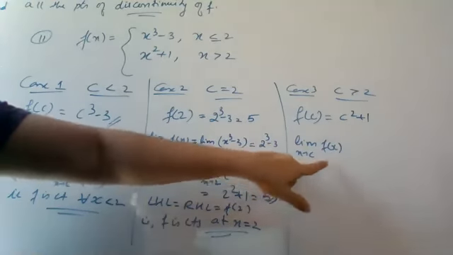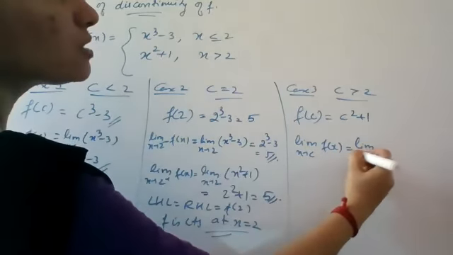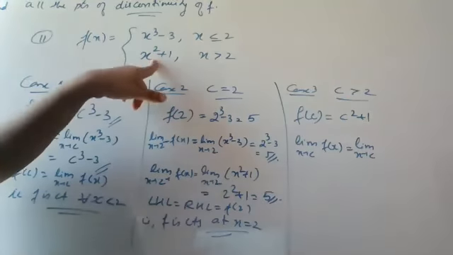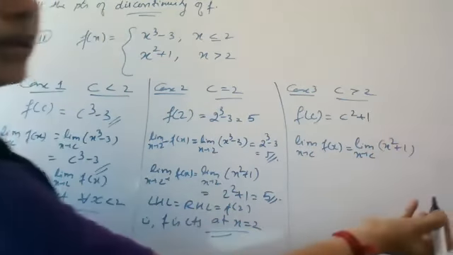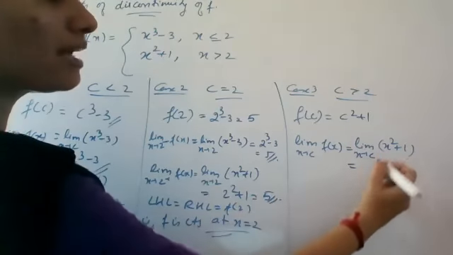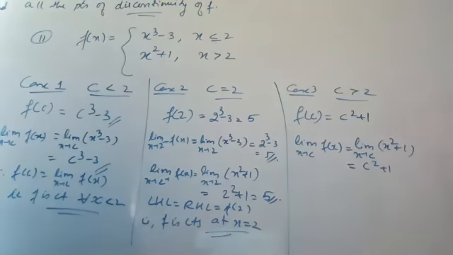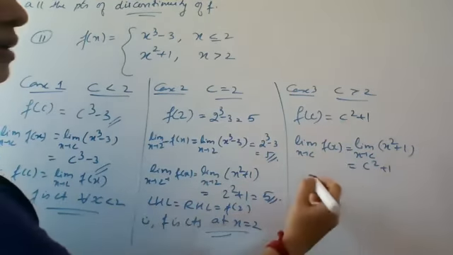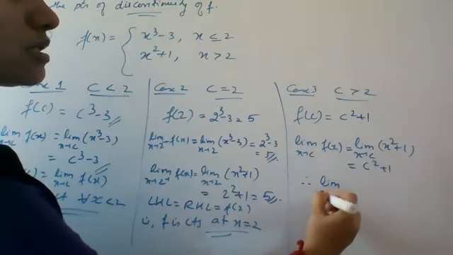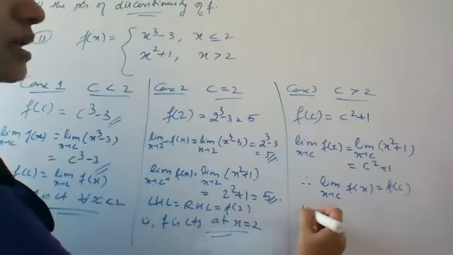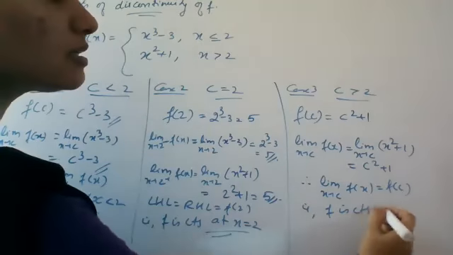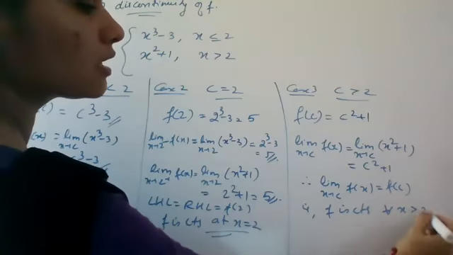And limit x tends to c f of x, again for greater than 2, means x square plus 1. Replace x with c, so you have c square plus 1. Both have same value. Therefore, limit x tends to c f of x is equal to f of c. Hence, you can say that f is continuous for all those x which are greater than 2.